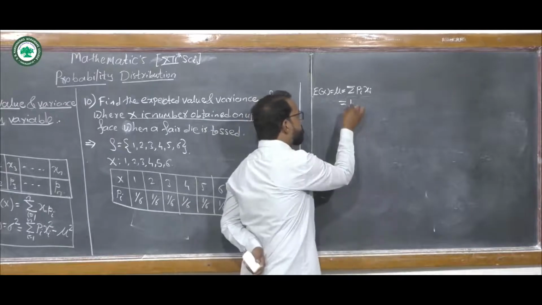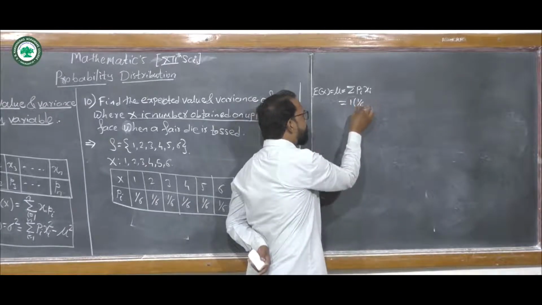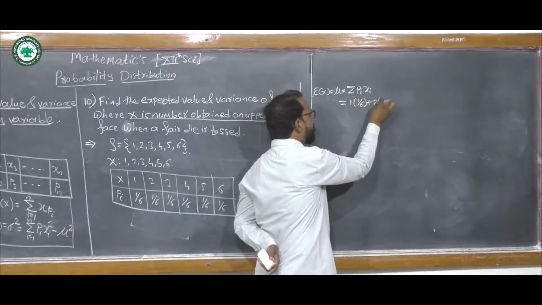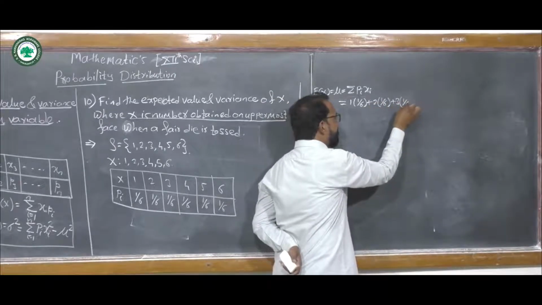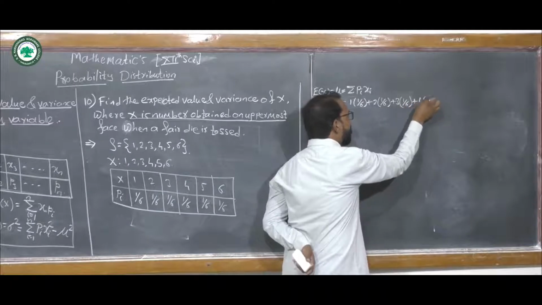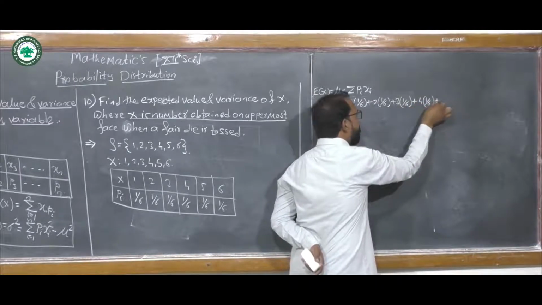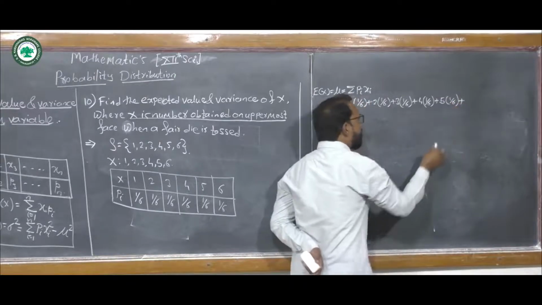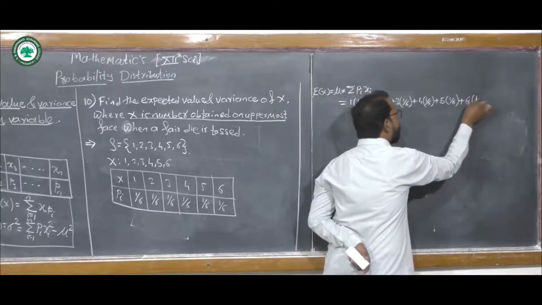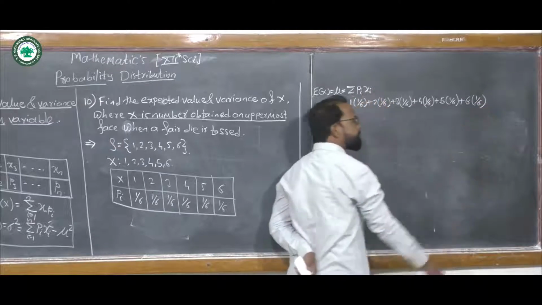So it becomes 1 into 1 by 6 plus 2 into 1 by 6 plus 3 into 1 by 6 plus 4 into 1 by 6 plus 5 into 1 by 6 and plus 6 into 1 by 6.